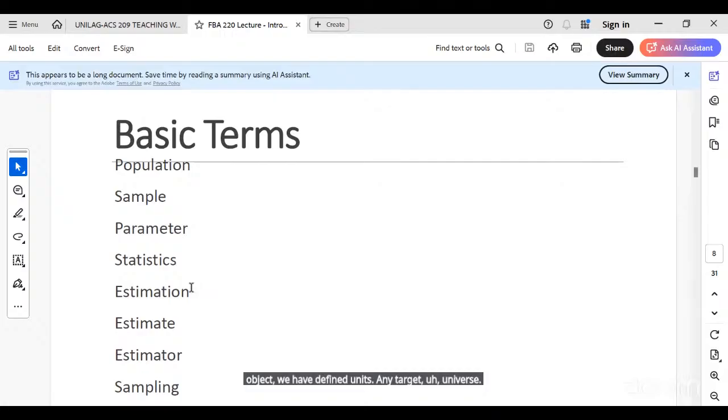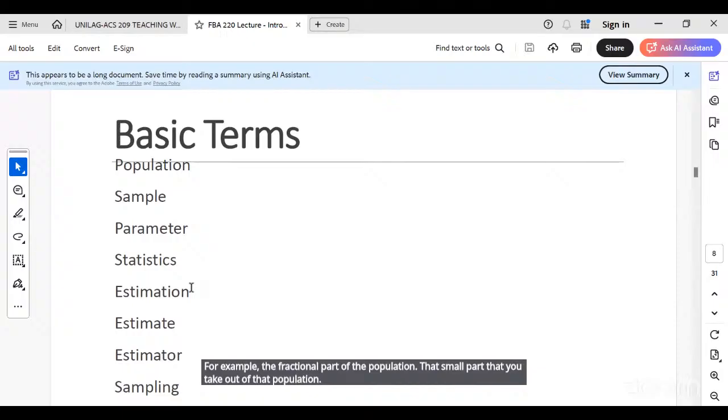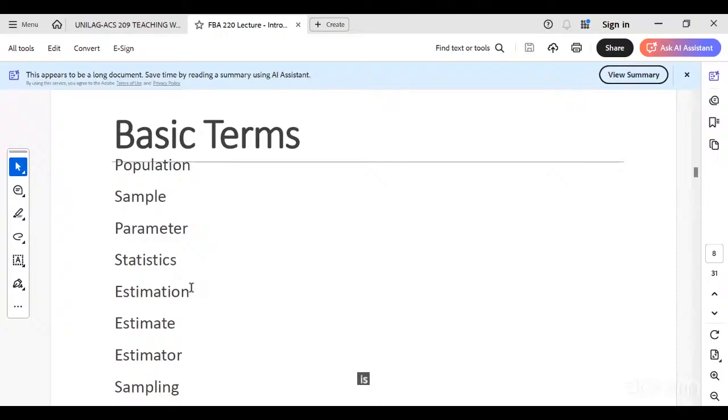So another concept that we'll be looking at is sample. A sample is a fractional part of a population. That small part that you take out of that population is a sample.